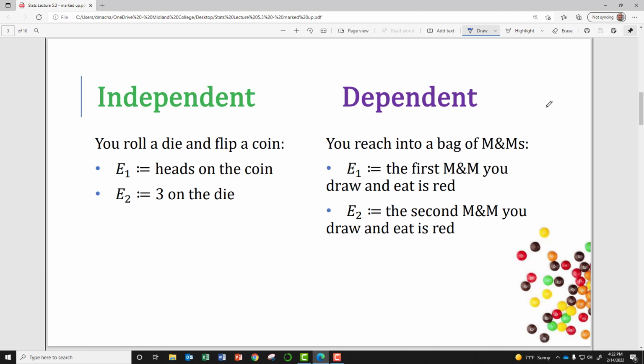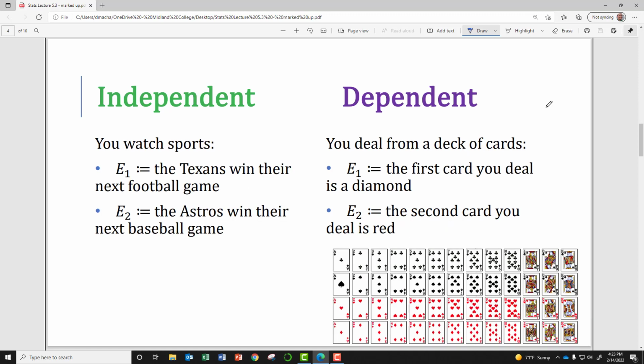But hopefully you can tell that E1 really does affect the probabilities of E2, right? Because if E1 is a success, you've removed one of the red M&Ms from the bag, and so your probability of E2 actually decreases if E1 is a success. So that's what makes those two events dependent. I have lots more examples though.